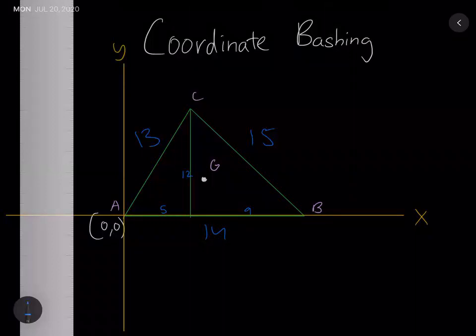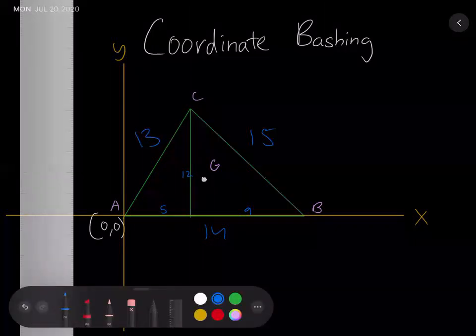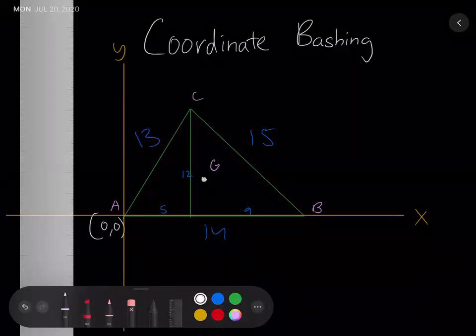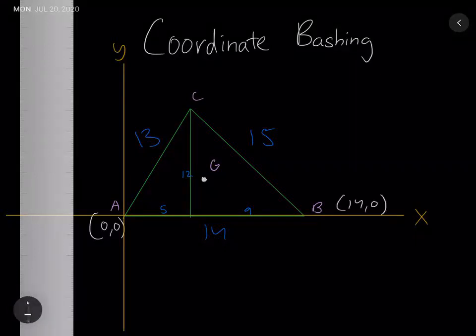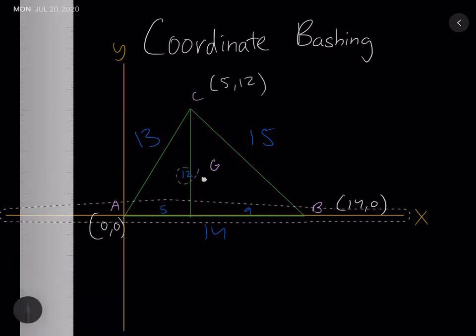So now we can assign coordinates to A, B, and C. We already know A, it's at the origin. B is (14, 0). And point C is (5, 12), because we have 5 over here and 12 over here.